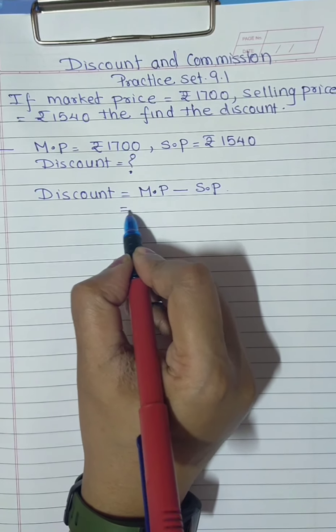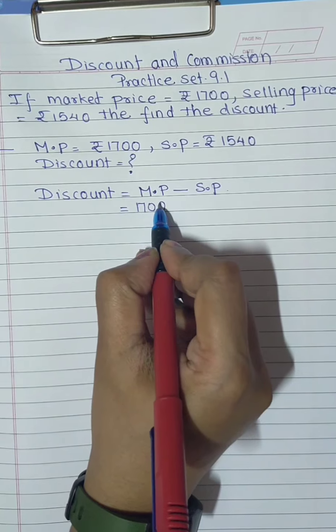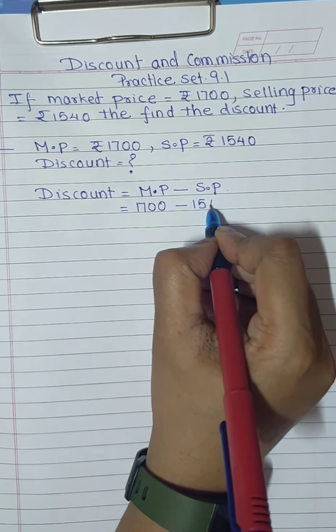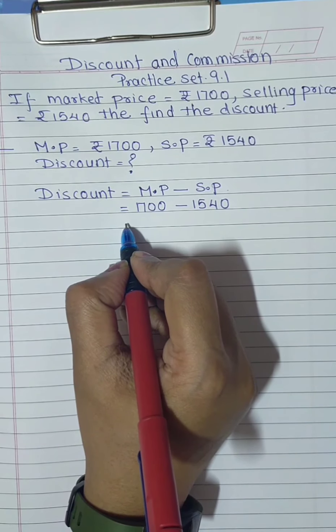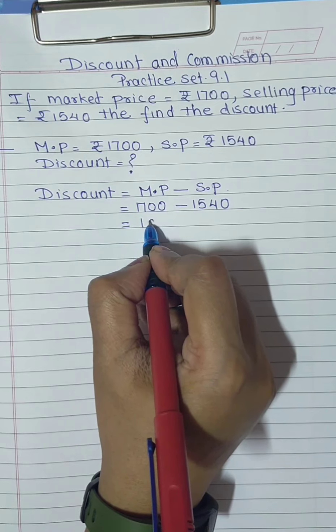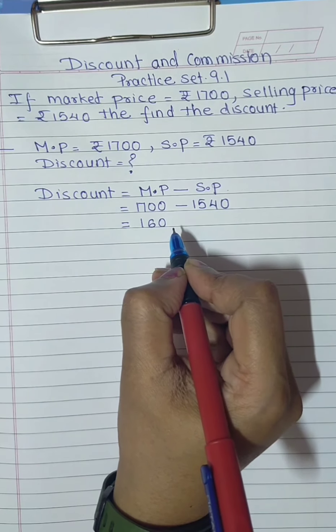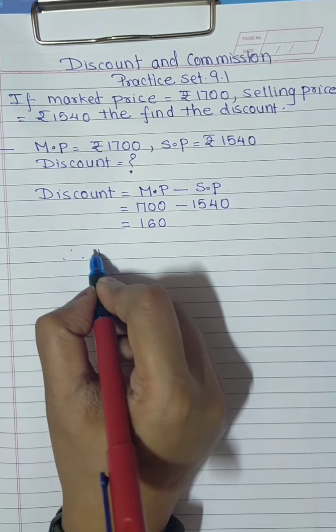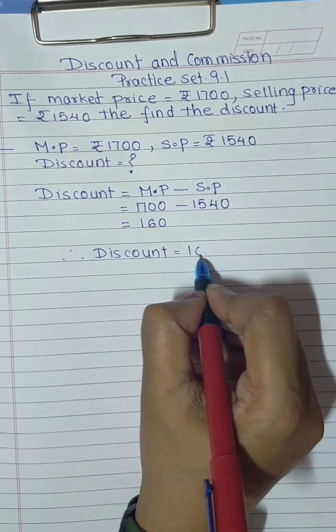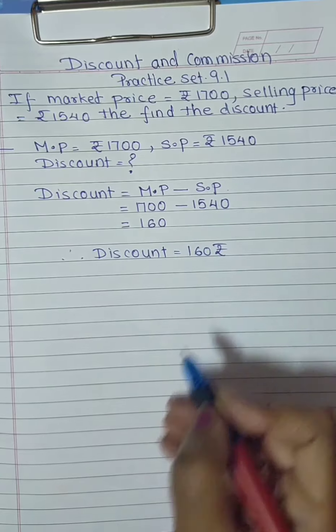Mark price is given 1700 and selling price is given 1540. So after subtracting we will get 160. Okay, so therefore discount is equal to 160 rupees.